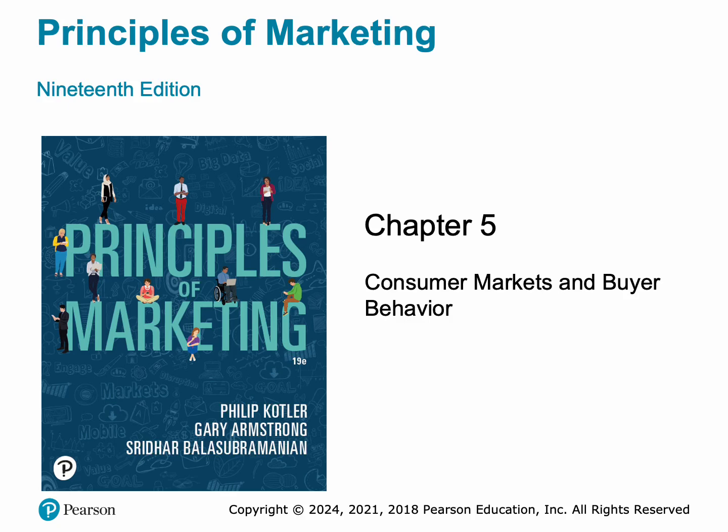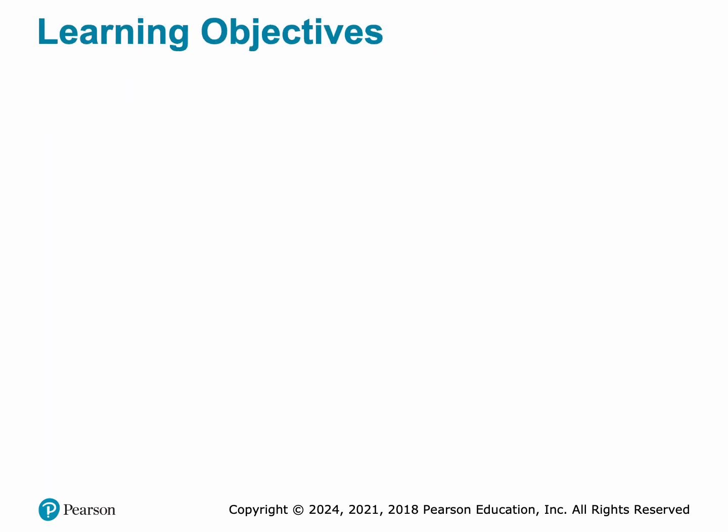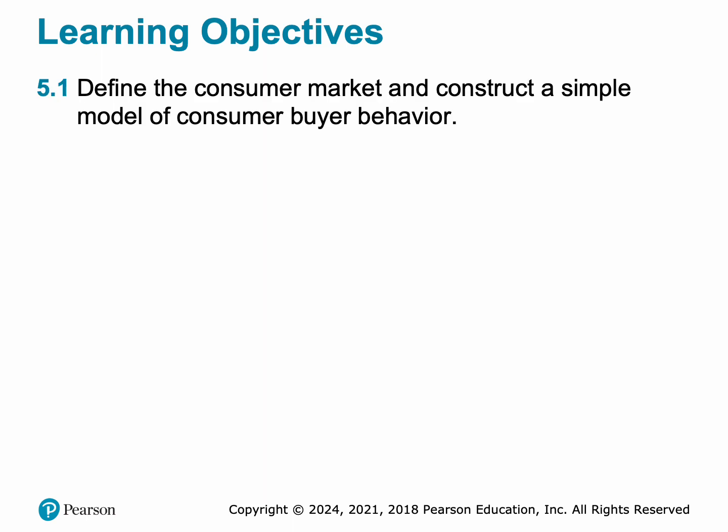Dr. St. Clair. This week we'll be talking about consumer markets and buying behavior. So we'll be discussing Chapter 5. Learning objectives are defining the consumer market. And we'll construct a simple model of consumer buying behavior.